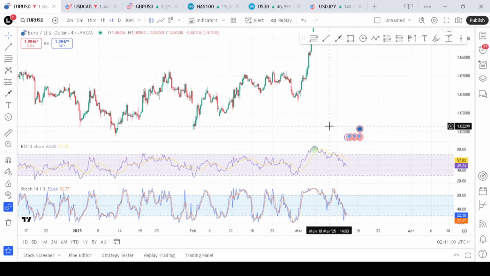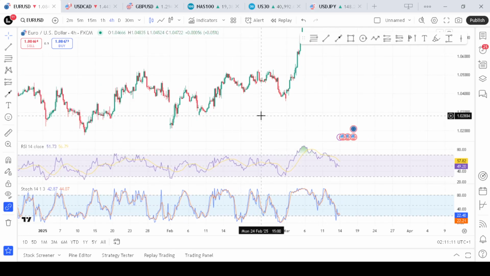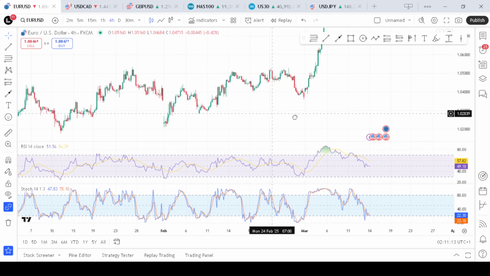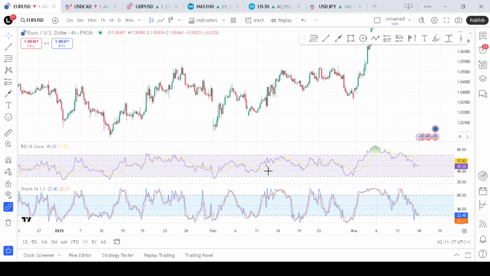By analyzing current market conditions, leading indicators offer signals that can give you the edge in your trading decisions. One popular leading indicator we can talk about now is the relative strength index. The relative strength index is a very popular leading indicator.